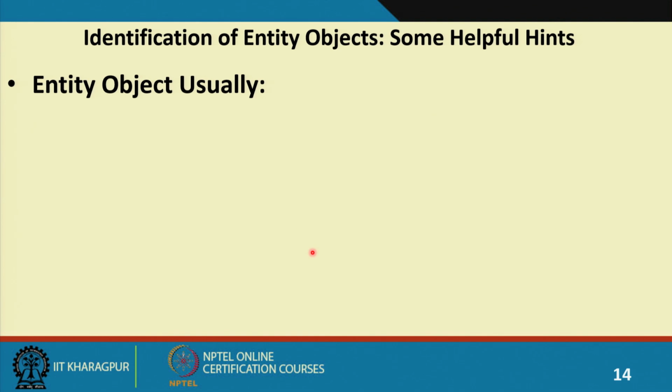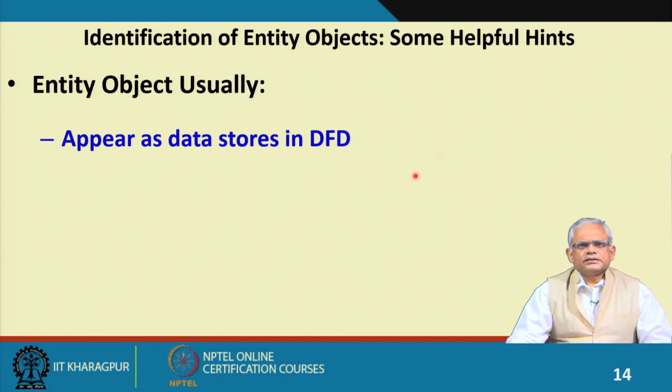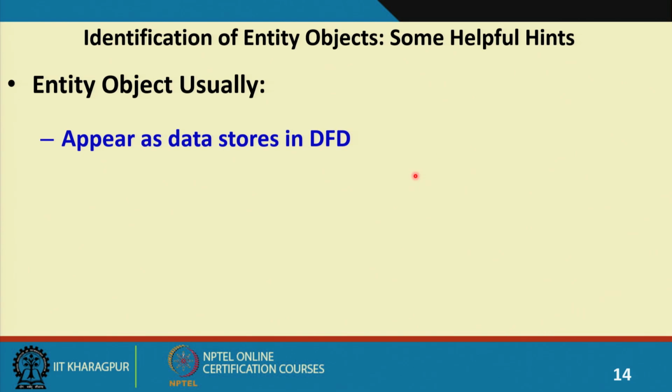These are some helpful hints which can help you to identify the entity classes from the problem description. One is that if you have experience in procedural design, then the entity classes are the data stores.